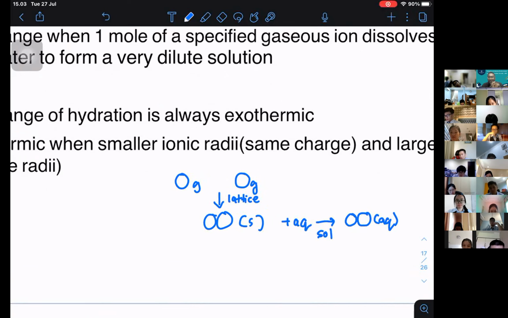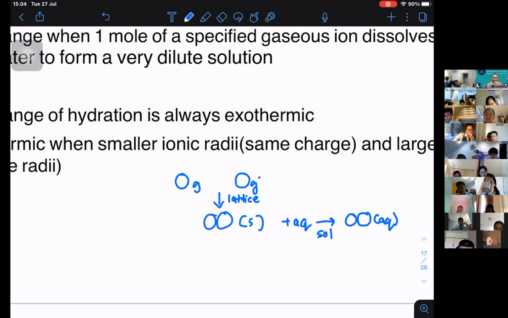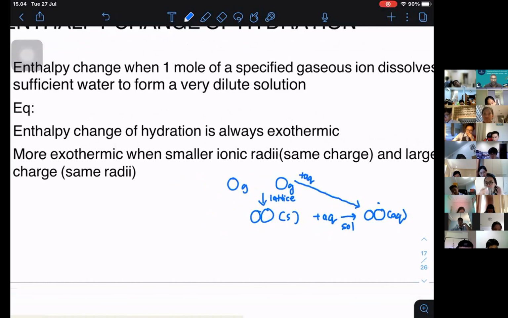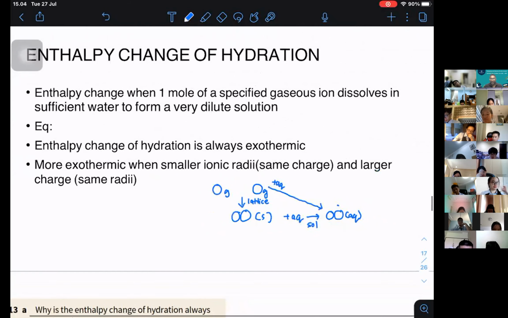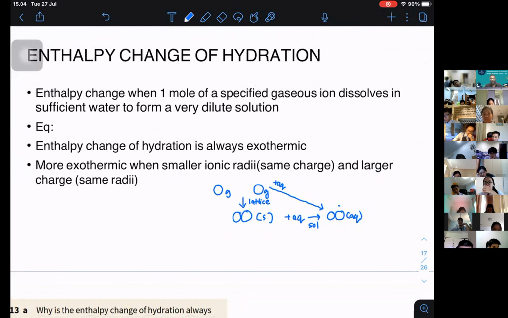So there must be something that links the gaseous atom and the aqueous. When the gaseous ion is added with water, it gives you the aqueous ion. The definition is the enthalpy change when 1 mole of specified gaseous ion dissolves in sufficient water to form a dilute solution.